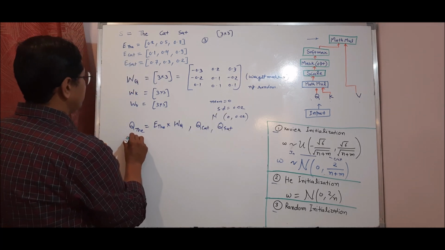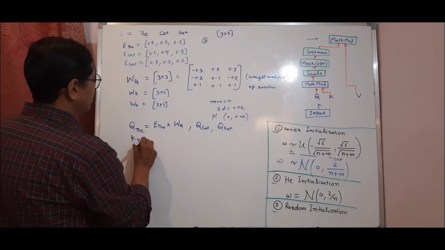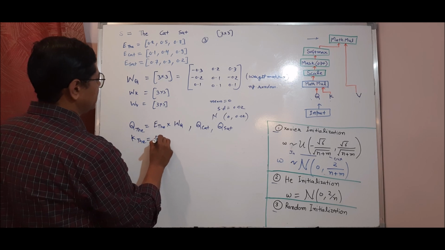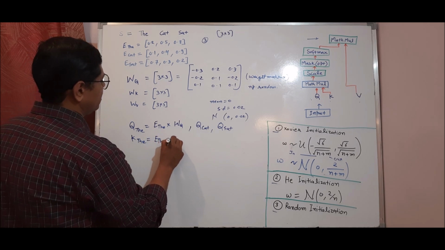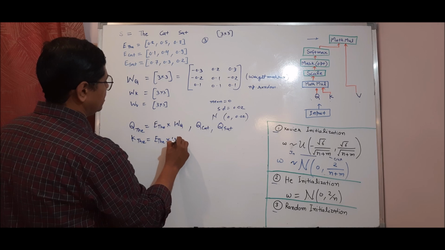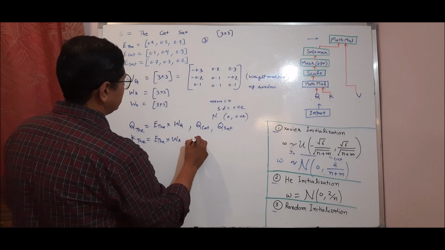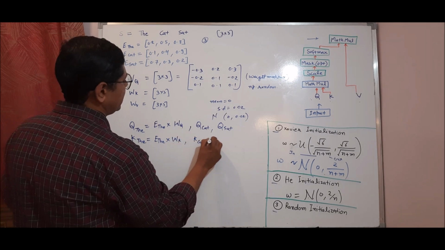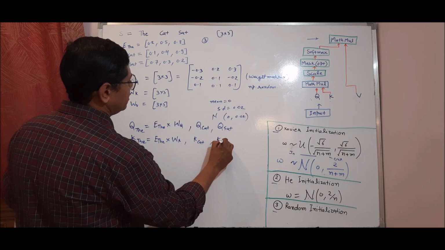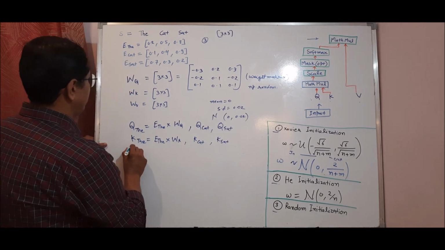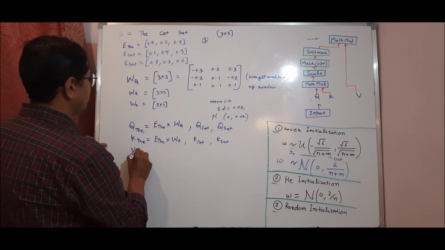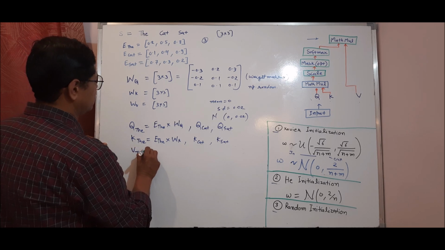Similarly, for key, we can get the matrices like that, and similarly for cat and sat. And similarly for value also, we can get them like this.